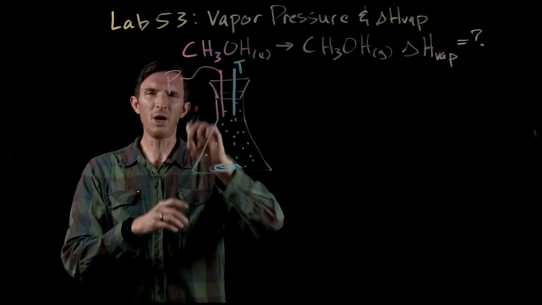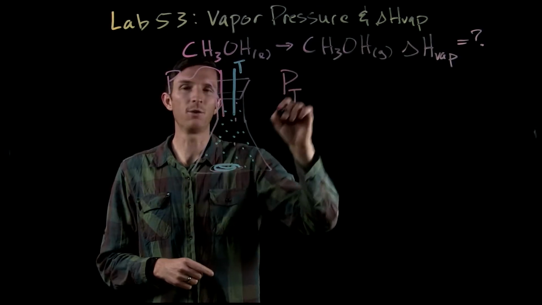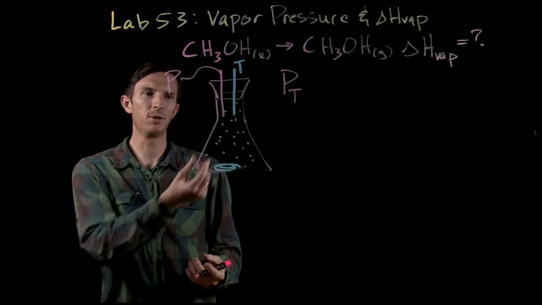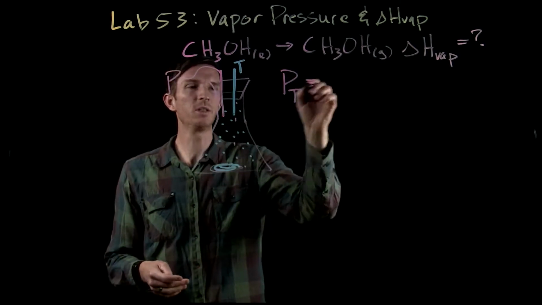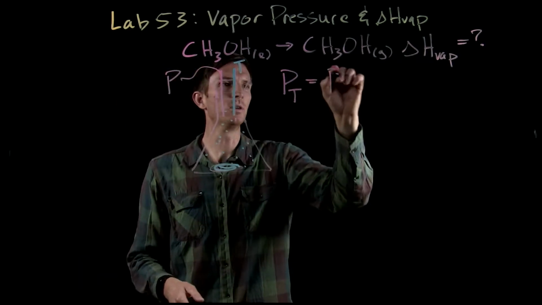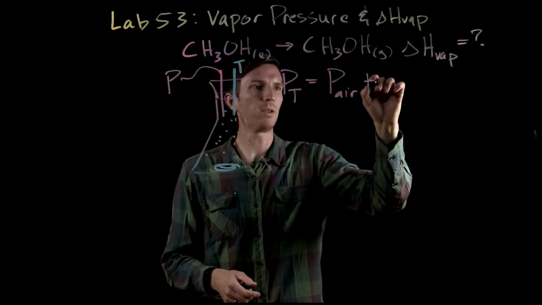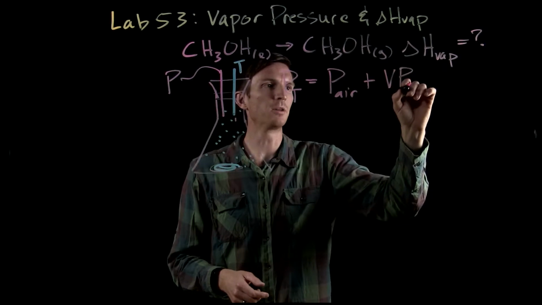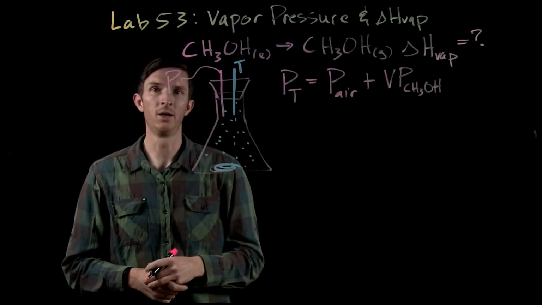Now, thinking about this pressure that we're measuring inside of here, the pressure that we're actually measuring is a total pressure, right? We can't differentiate between our vapor pressure and the pressure of the air that was originally in there. So the total pressure is equal to the pressure that our air contributed plus the vapor pressure of our methanol if we put that in there.